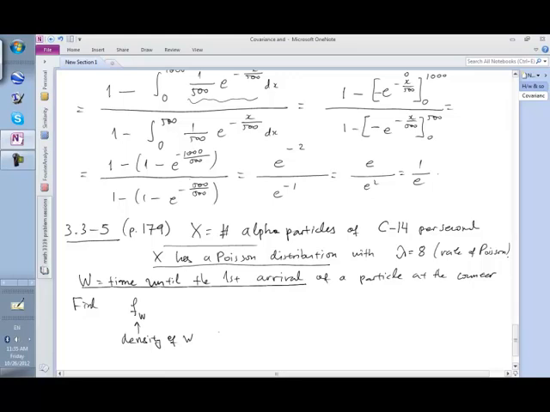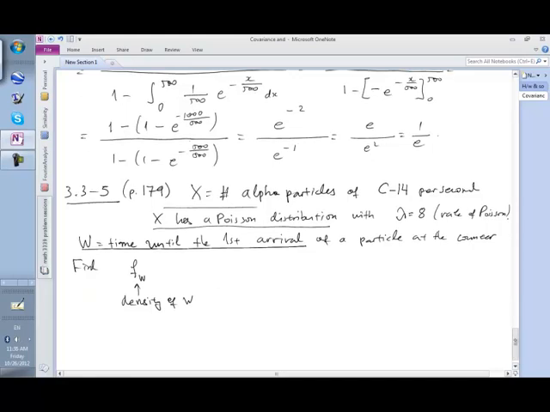Now, we made a derivation, and when we made the derivation I told you the following: when we had the Poisson process, 1 over the rate of the Poisson is equal to the mean of the exponential.